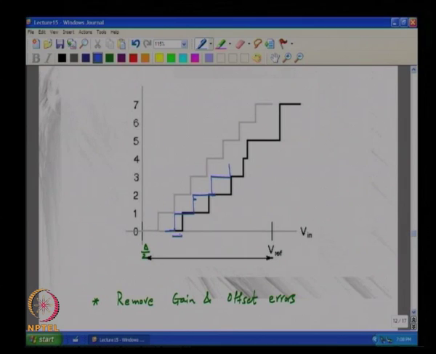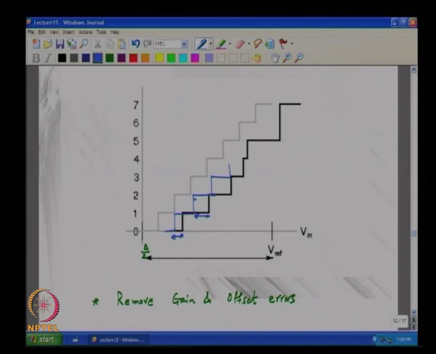So, the deviations from here should give me an INL which is a more realistic estimate of what is really happening with the converter, you understand.